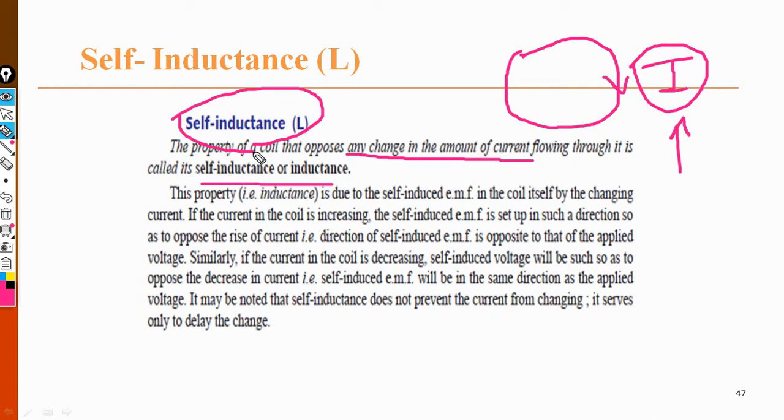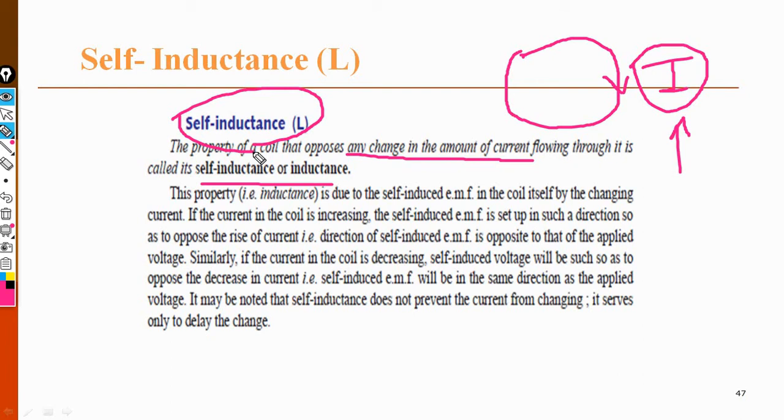Now this is the important concept of self-inductance. The property of the coil that opposes any change in current flowing through it is called self-inductance or inductance. Then the self-induced EMF depends on the direction of the applied voltage.